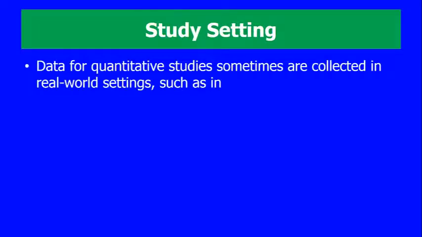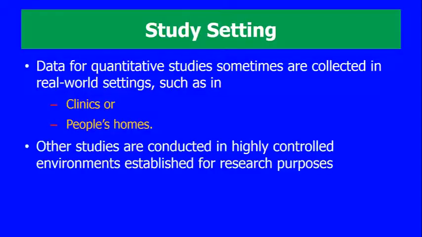Regarding the study setting, it is very important, because if you do it in the clinic, it is clinic-based, or if you do it at home. Sometimes we need to do it in a controlled environment like a lab, because in a laboratory you will usually have better control of the confounding factors, and also you can better control your independent variable.